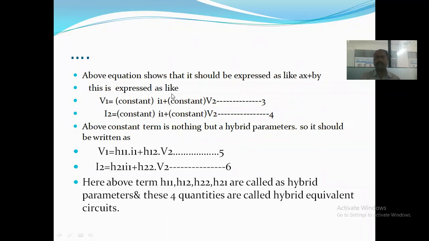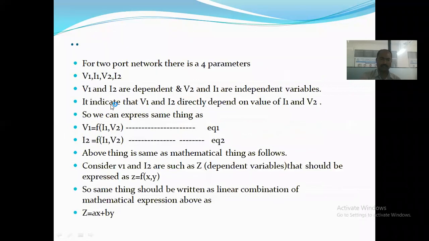So this should be expressed as phi1 is equal to a constant term with respect to I1 and a constant term with respect to phi2. Now see why I can write this. We consider a real equation, phi1 is equal to function of I1 comma V2. So I1 and V2 come with respect to the output equation.